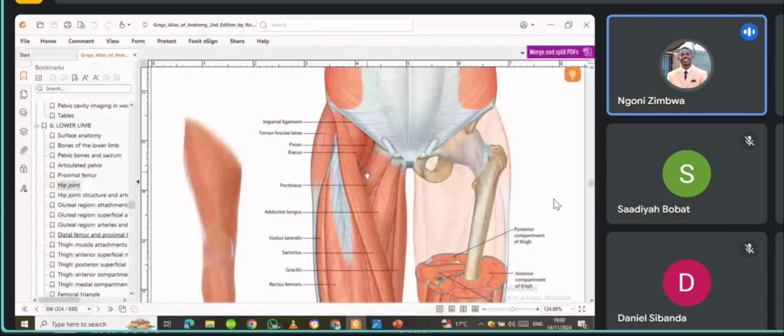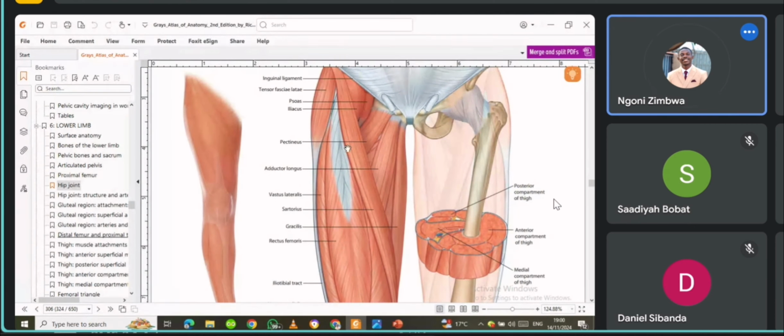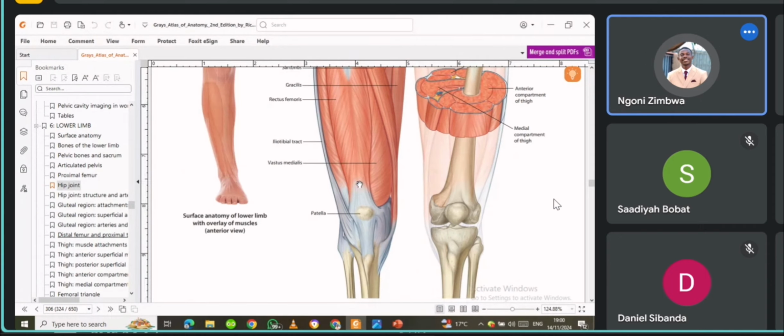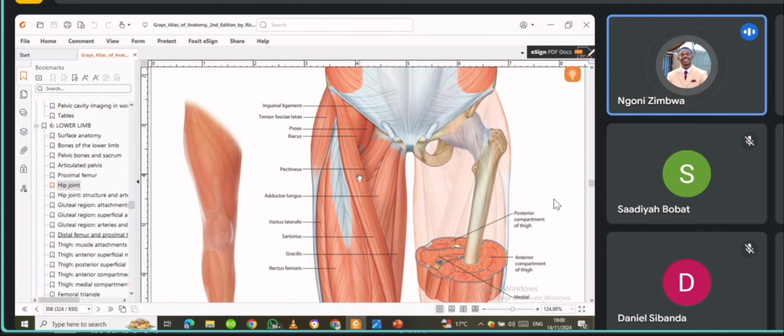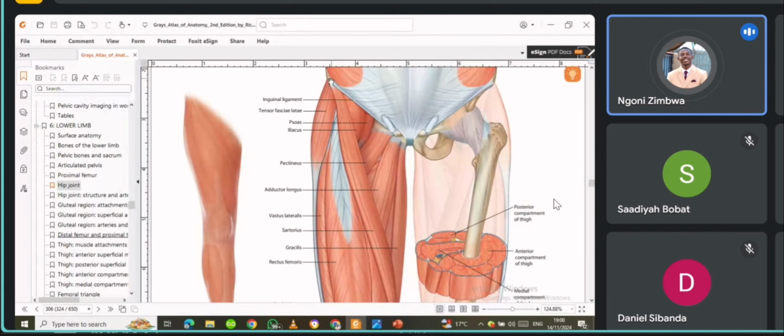Flexion and abduction. And then we have, remember, we said those 2 long muscles that cross the hip joint as well as the knee joint. What are those? This one, the sartorius muscle, that is 40 centimeters long approximately. It's a strap-like muscle.